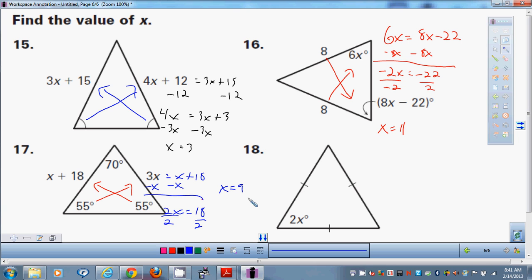That's right. So how am I going to solve this? You demand. 2x equals 60. Divide by 2. And x equals 30. All right.